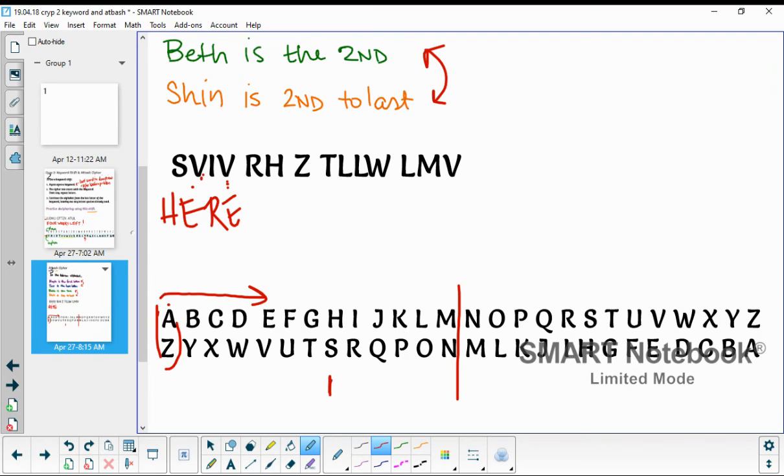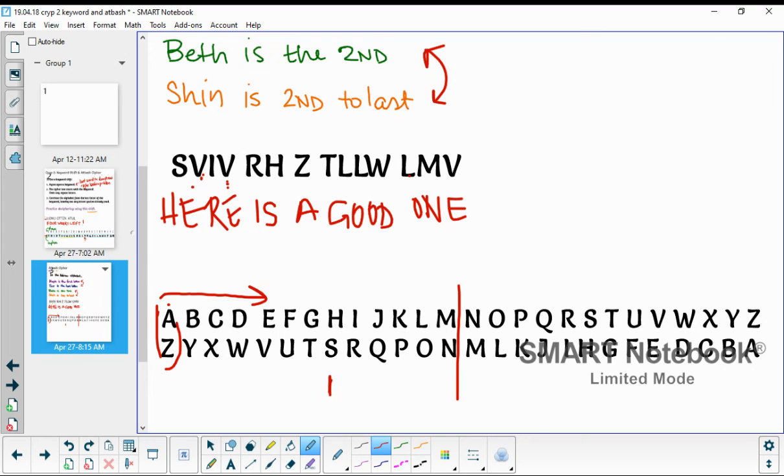When we look for R, we get an I. H becomes S. Z is A. T is G. L is O. O, I'm going to skip, and I'm going to put this O for that L as well. W becomes D. M is N. And V is E again. We had one of those up there.